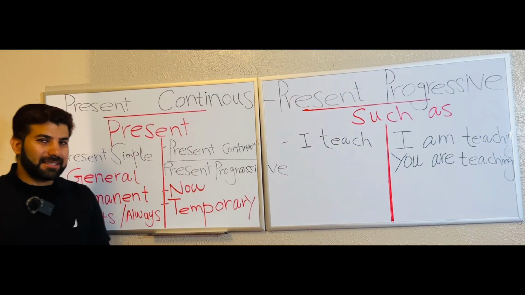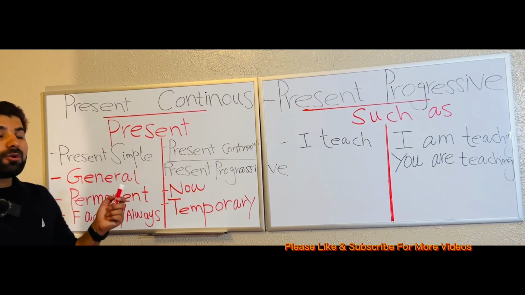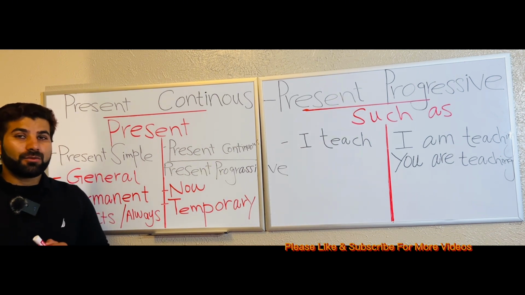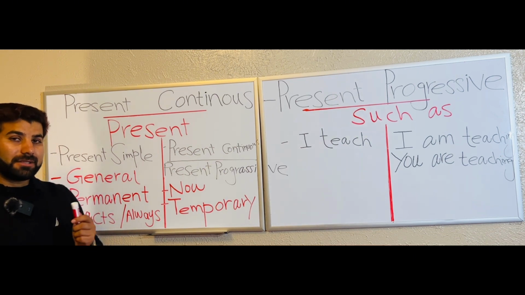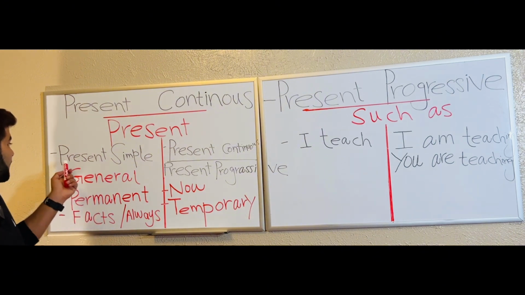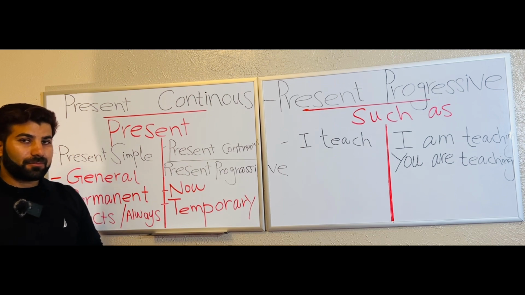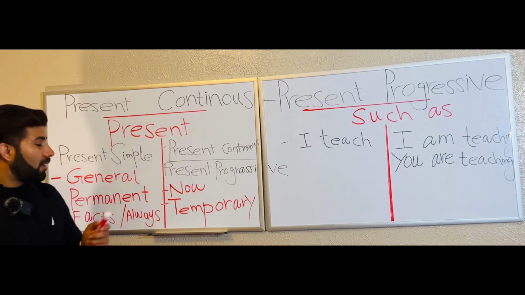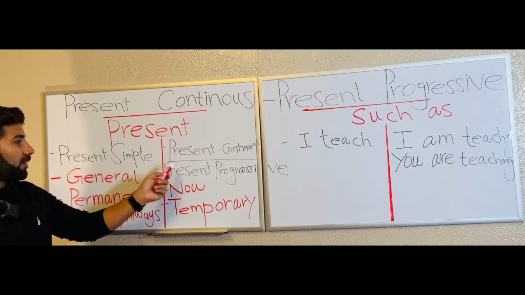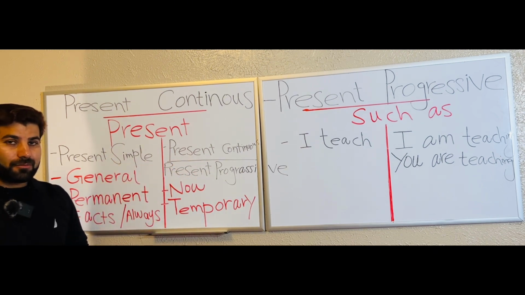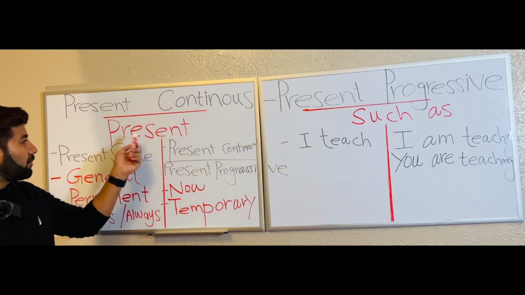Before going forward in present continuous tense, we need to know some other differences. What is the difference between present simple tense and present continuous tense? As we know, present simple tense and present continuous tense, these both tenses are happening in present.